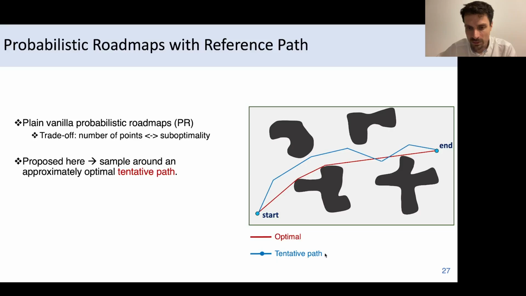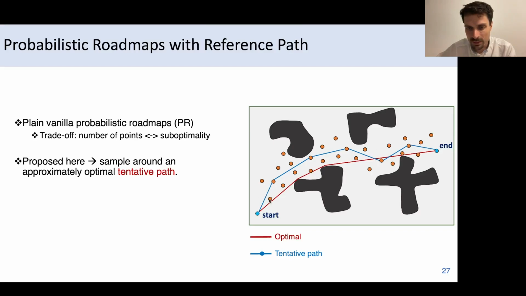This one will not be optimal, but will be near the optimal path, and then we sample near this tentative path.